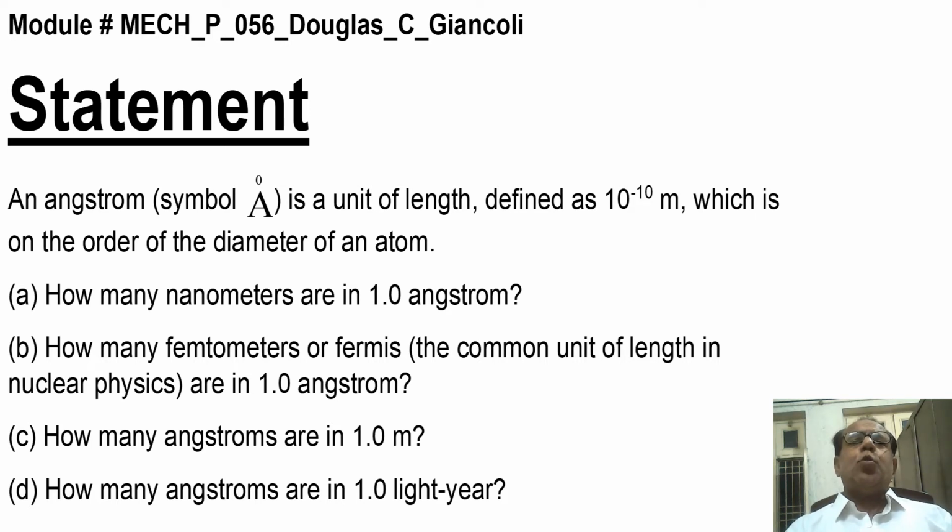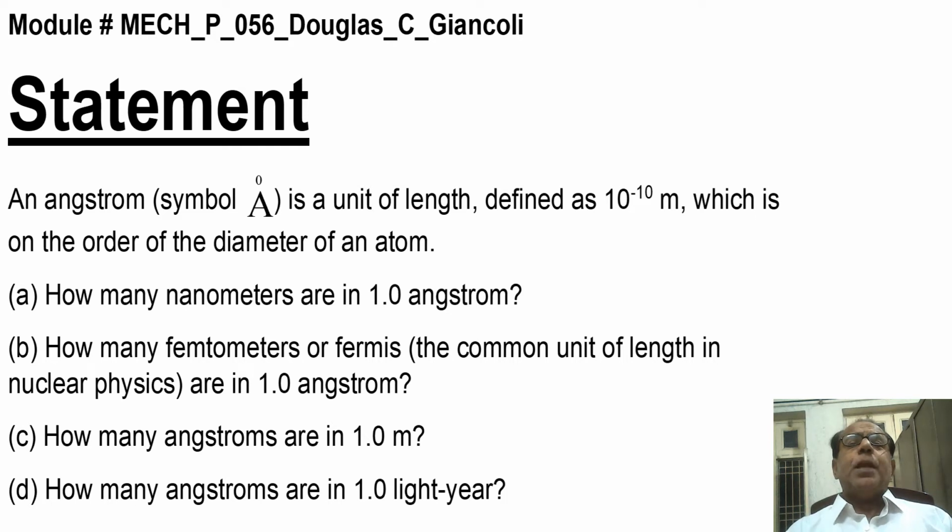So this symbol of angstrom is typed in MathType software. And the angstrom symbol A naught is a unit of length defined as 10 raised to the power minus 10 meter, which is on the order of the diameter of an atom.